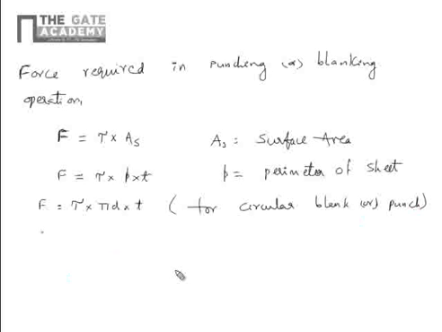If it is rectangular, the perimeter is 2 into L plus B, so you need to change that.